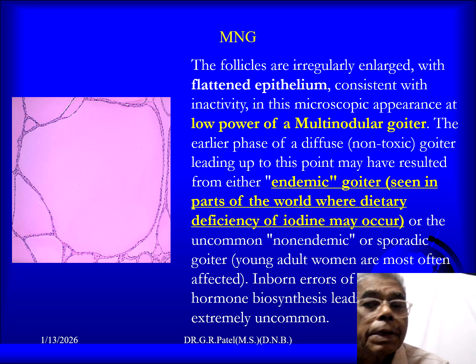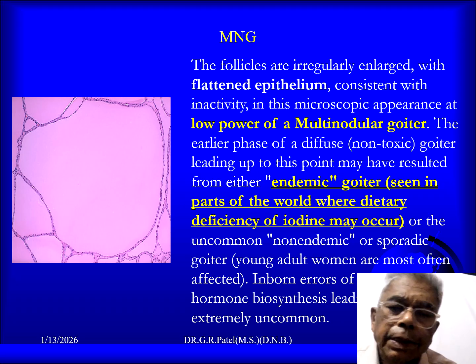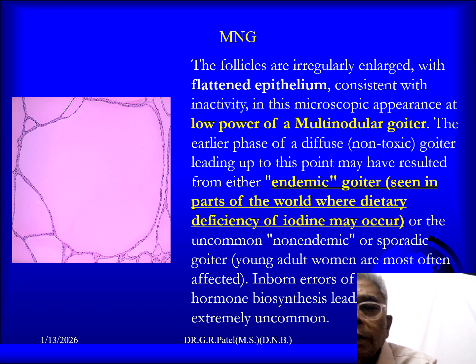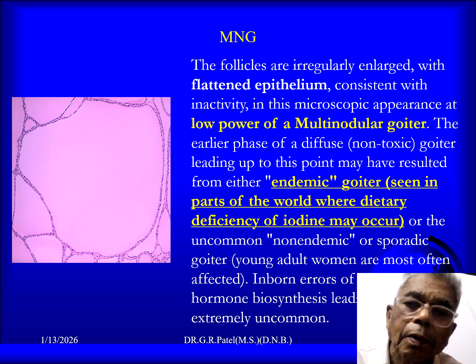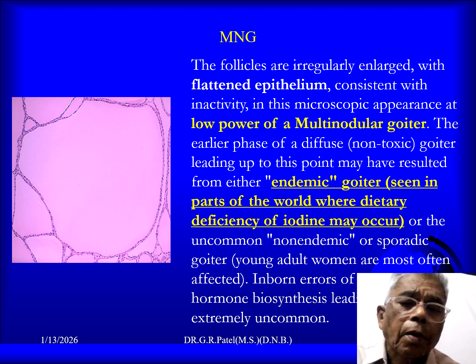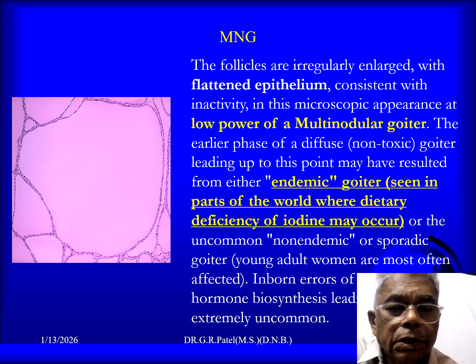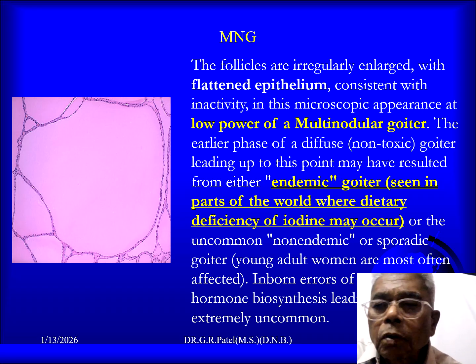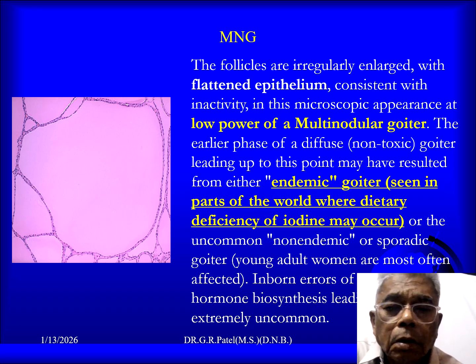Multinodular goiter, the follicles are irregularly enlarged with flattened epithelium consistent with inactivity. In this microscopic appearance at low power of a multinodular goiter, the earlier phase of diffuse non-toxic goiter leading up to this point may have resulted from either endemic goiter seen in parts of the world where dietary deficiency of iodine may occur, or the uncommon non-endemic, or sporadic goiter.